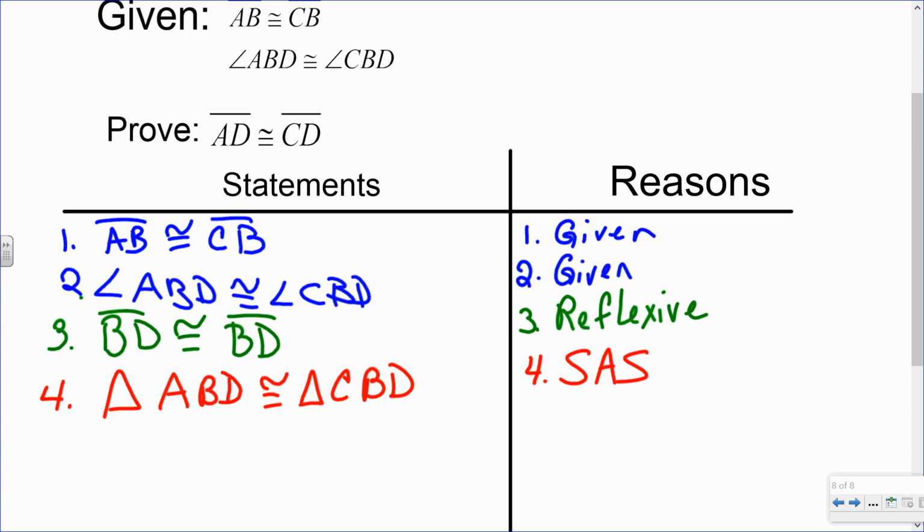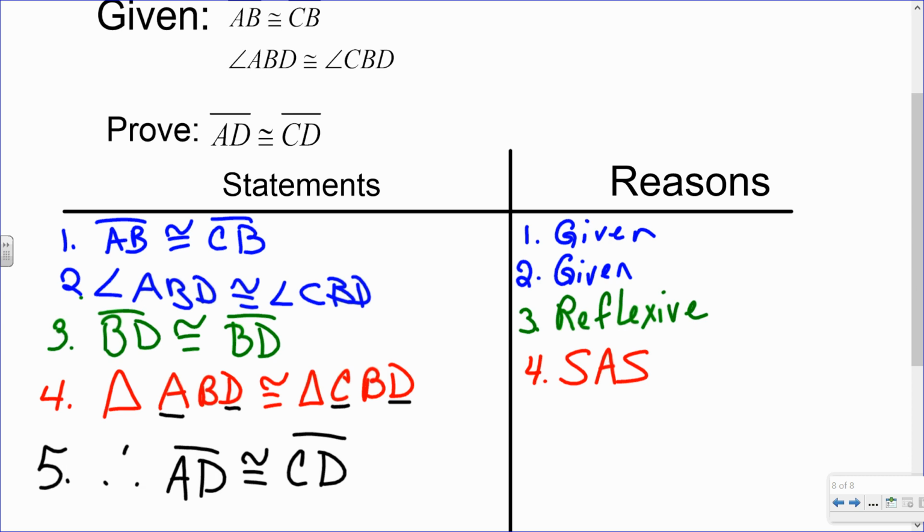Then we look at what we're trying to prove. We want AD, so that's the first and the last letter, the way I happen to write this. So AD would be a side that corresponds to the first and last letter over here in the second triangle, CD, so they would have to be congruent. So I can say, therefore, those two sides are congruent because corresponding parts of congruent triangles are congruent.